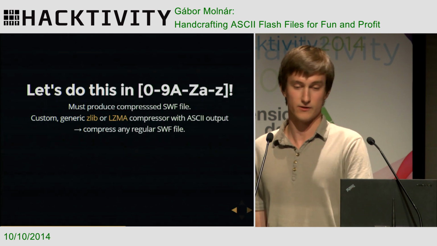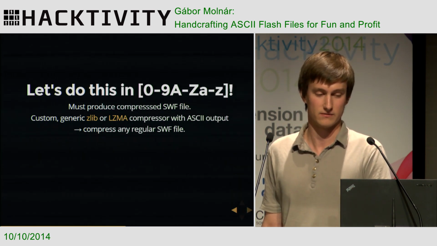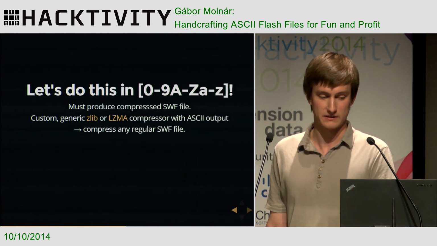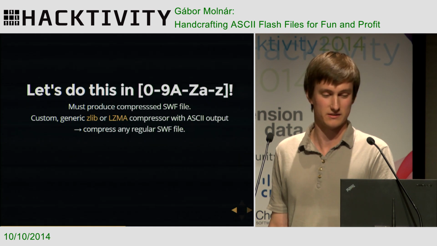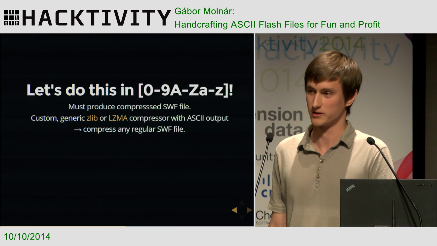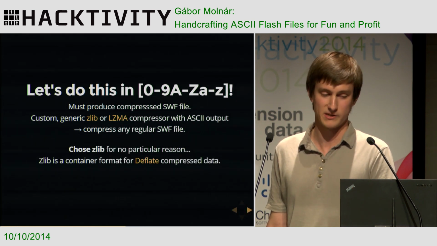This is not possible with uncompressed flash files, but there are compressed flash files, compressed with zlib or LZMA. And I was hoping that the compression algorithm can be tuned to the point where only ASCII characters are included in the zip.